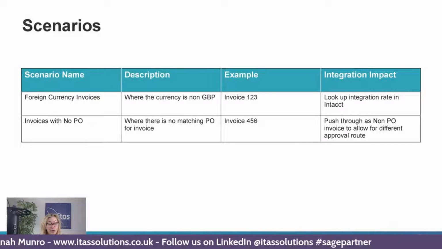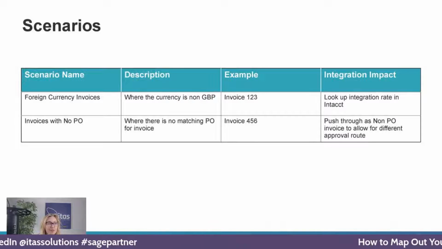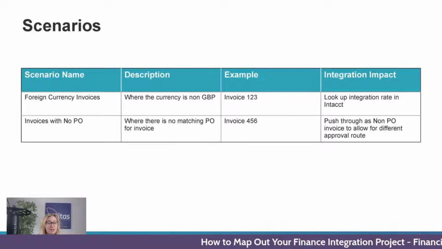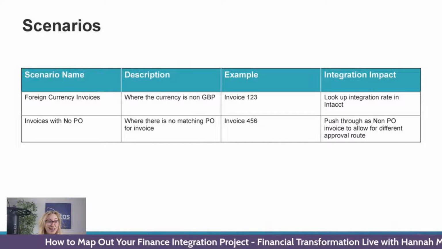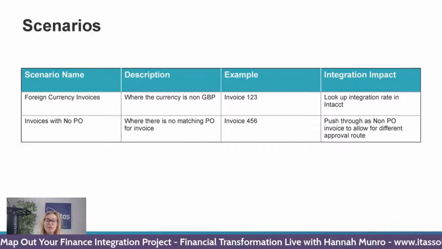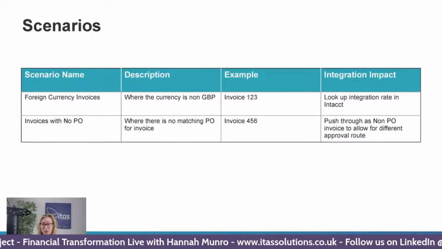If we flip, and again, I want to keep this very broad across finance, you might have set scenarios specifically around your AP, for instance. So a common one is how do you process non-PO invoices? Do you need those to go through a different process? What does that mean for the integration? Now, you might go through your scenarios and go, it actually has no impact on the integration.